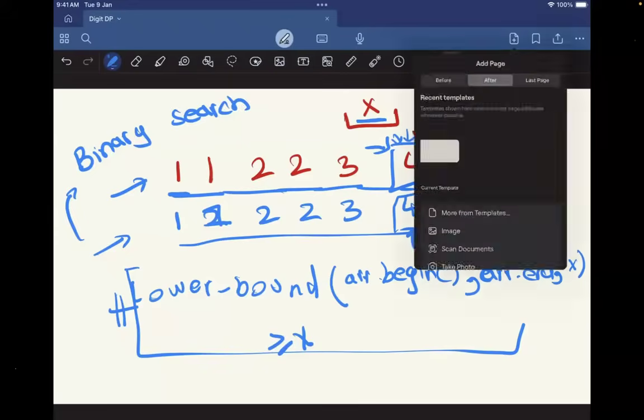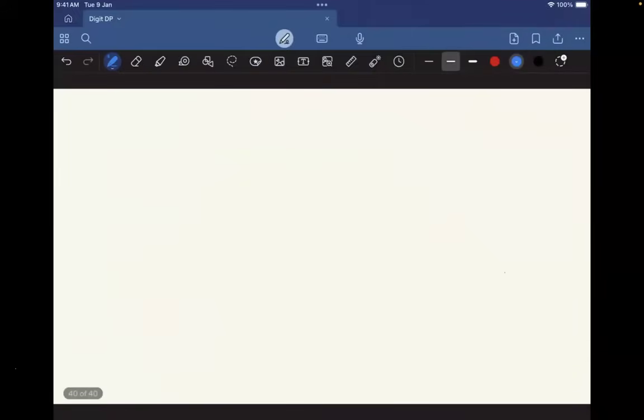Okay. The problem is that I can multiply my current health by K. So what happens when I multiply my current health by K? So consider it is 1, 1, 2, 2, 3, and 4, right?